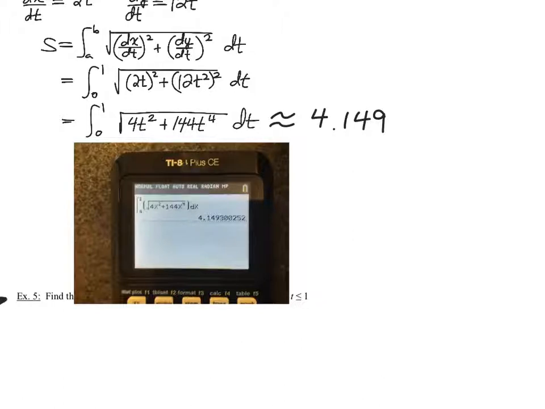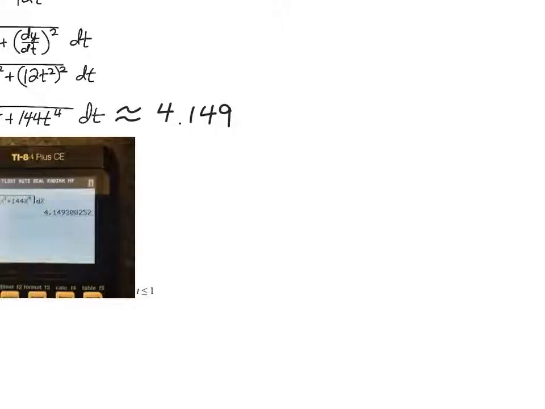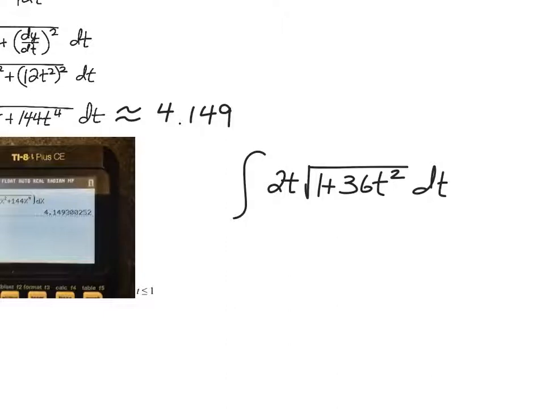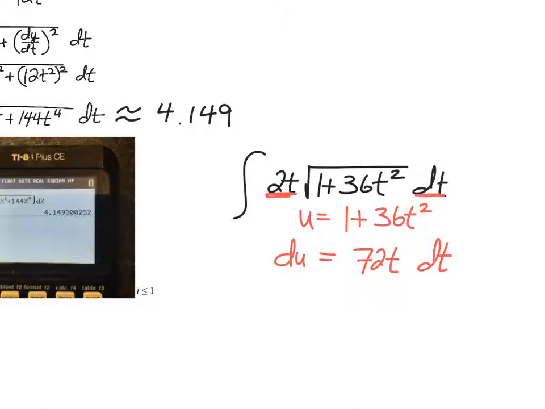So kill that, kill that. You'd be looking at the square root. It would become 2t, and then 1 plus 36 t squared, dt, and then you'd let u be equal to 1 plus 36 t squared. And then when you take the derivative of this, du is equal to 72 t dt, with the idea being that we want to get rid of these guys.